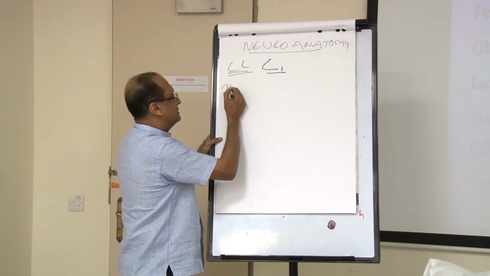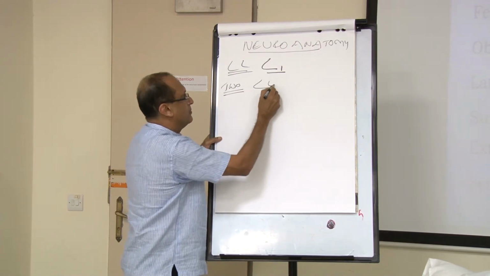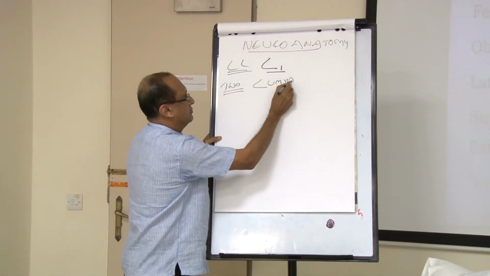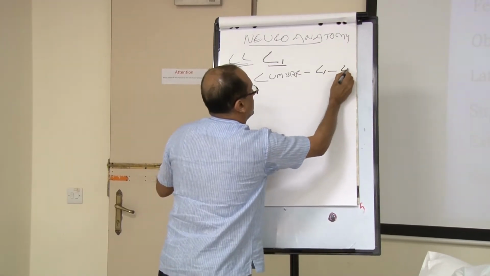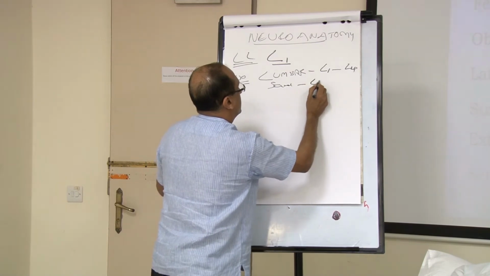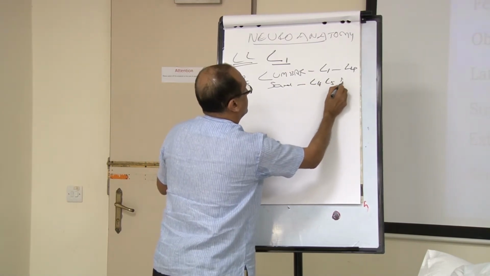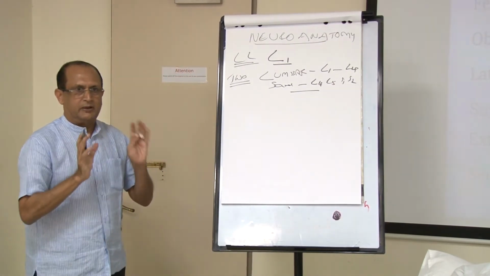There are two plexuses which supply the lower limb. One is the lumbar plexus, and the other the sacral. Lumbar is L1 to L4, and the sacral is L4, L5, S1, S2. These are the two plexuses that supply the lower limb.